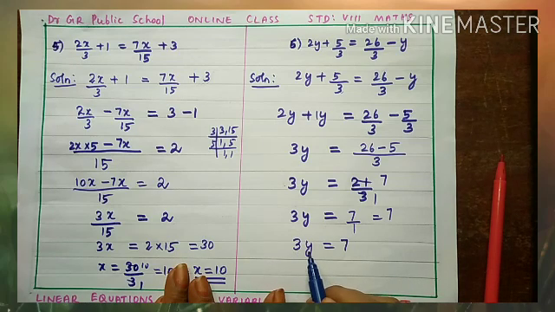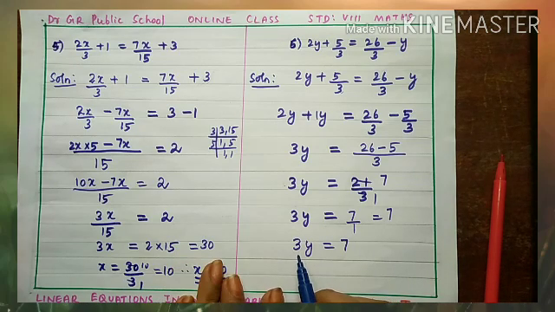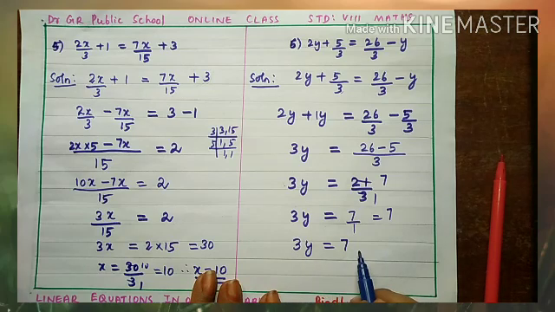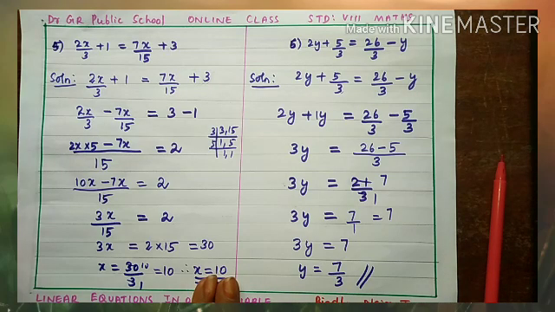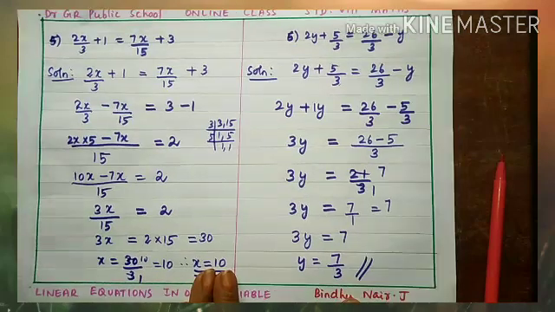Yes, 3 into y. So we want to transpose this 3, and when it is transposed it becomes division. So y is equal to 7 divided by 3. Because we cannot reduce this term, this itself is our solution. So what is the value of y here? 7 by 3. Understand children?